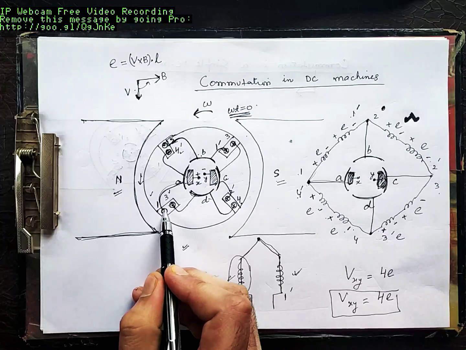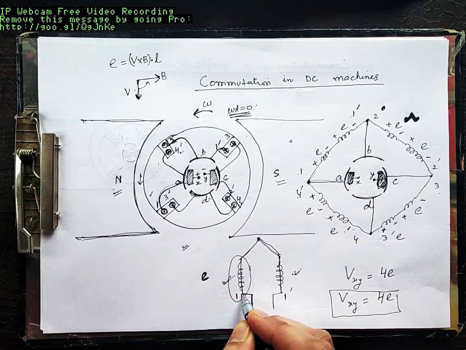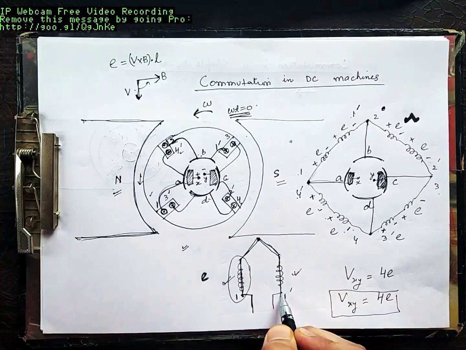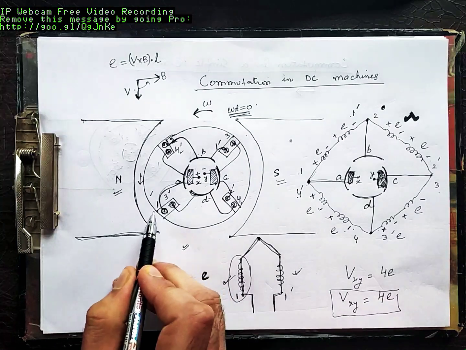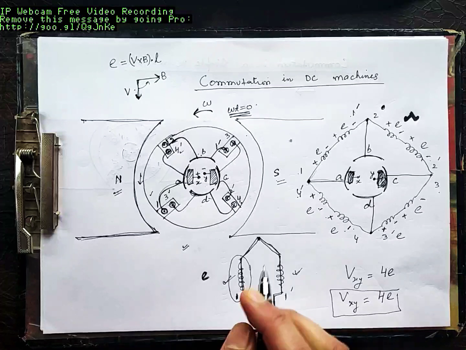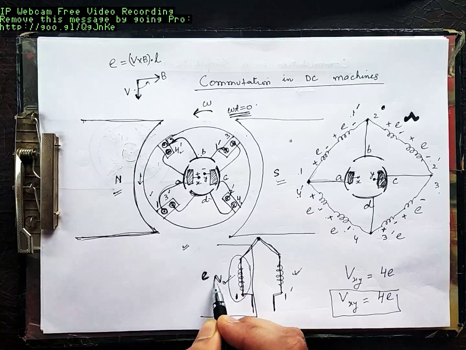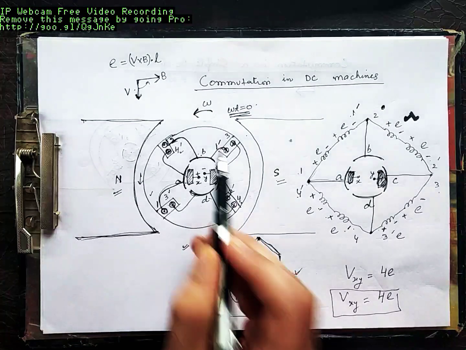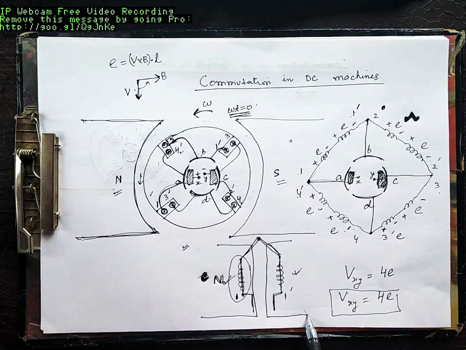What this basically means is, if you have coil 1, this coil 1 will look something like this. This coil 1 has two sides. One side, which I marked 1, is under the north pole. The other side, which I marked 1 prime, is under the south pole.